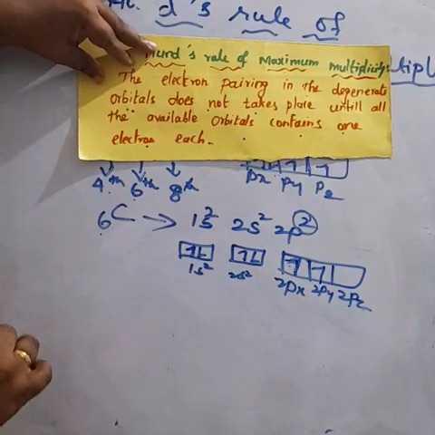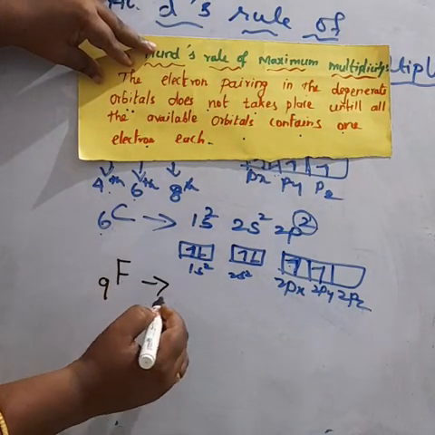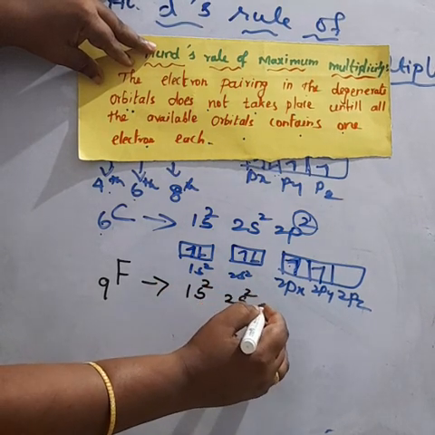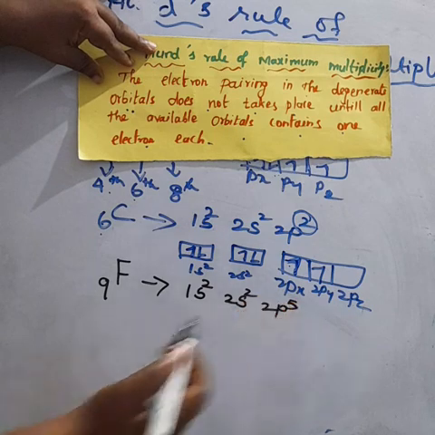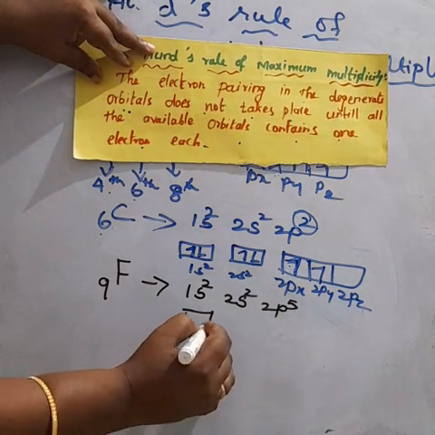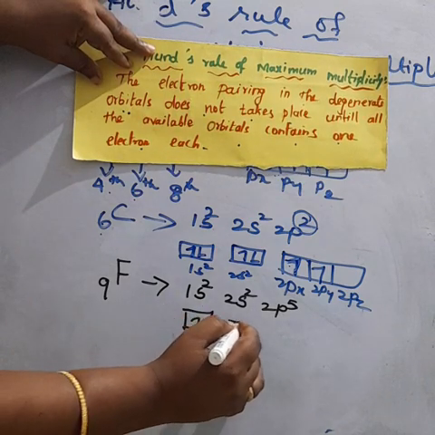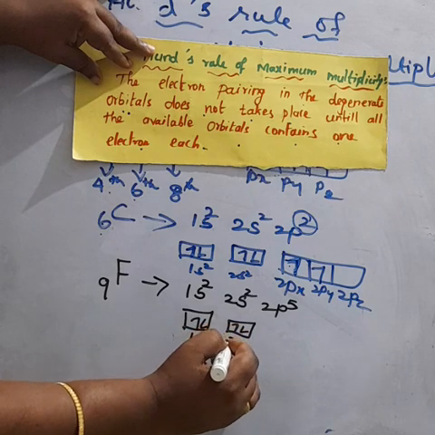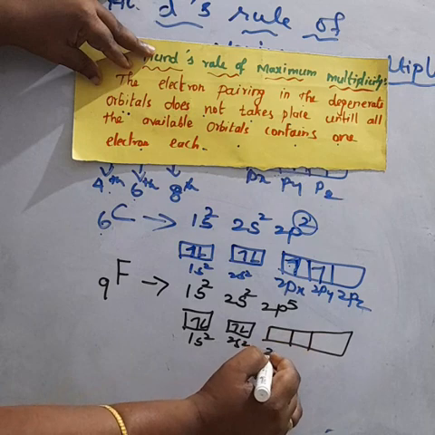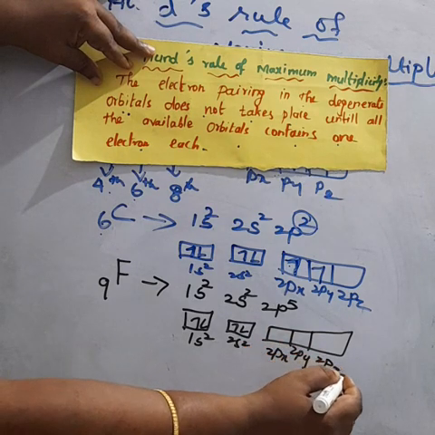For example, fluorine, atomic number 9. What is the electronic configuration? 1s2, 2s2 and 2p5. The 1s orbital has 2 electrons, the 2s orbital has 2 electrons, and the 2p orbital has 5 electrons, with 3 orbitals: 2px, 2py and 2pz.